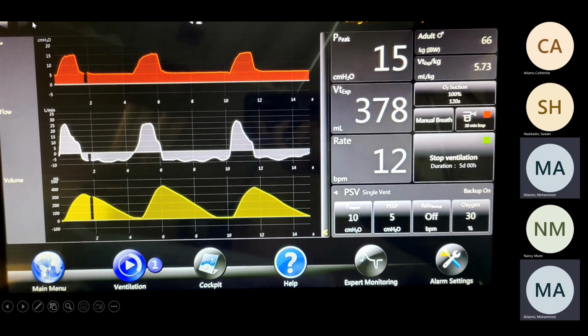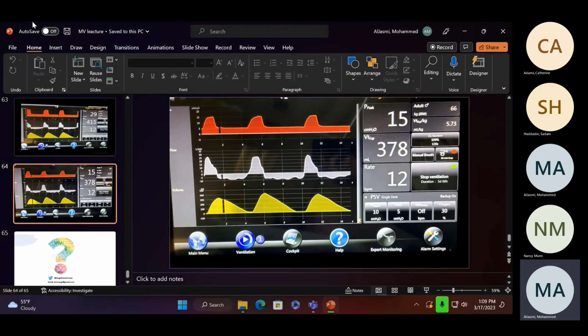What's our normal flow, roughly? Some say 40 to 60, some say 60, some say higher than that. If my patient has COPD and I would like to decrease the inspiratory time and increase expiratory time, what would I do? Increase the flow, yes, that will decrease the inspiratory time. If I decrease the flow, it will increase the inspiratory time.